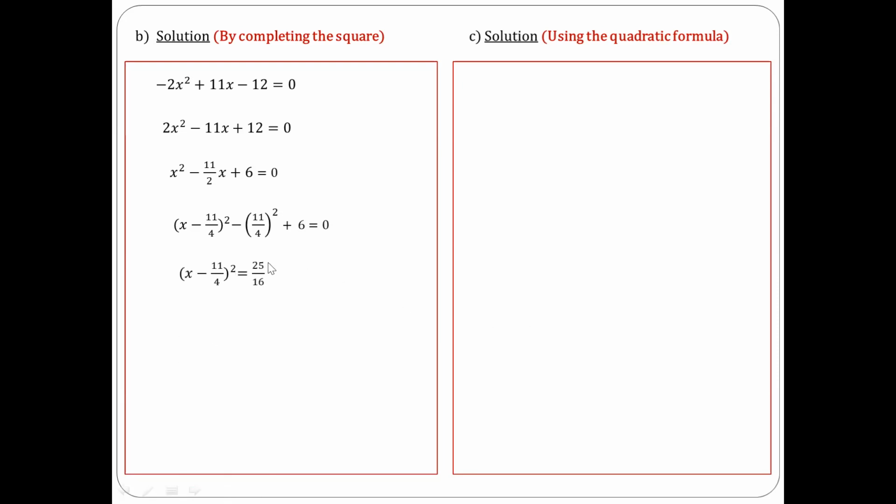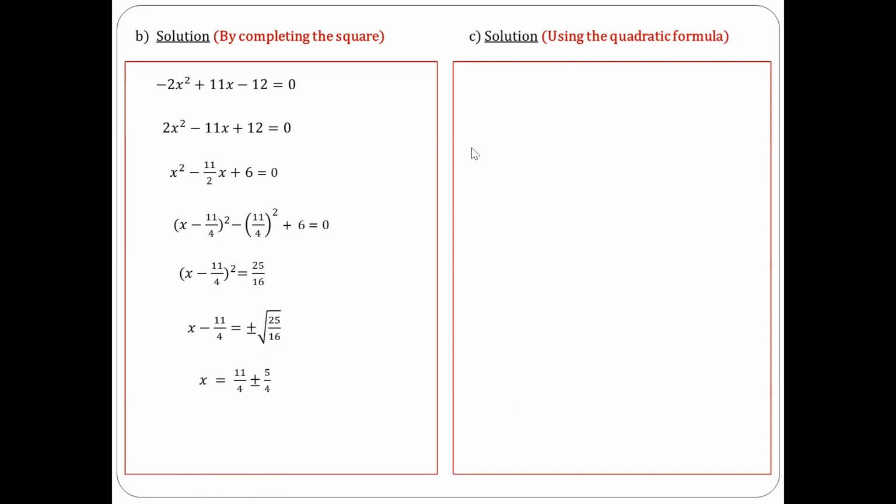And in the next step, we take all the constant terms to the other side and simplify them. We get 25 over 16. So x minus 11 over 4 squared is equal to 25 over 16. And then x minus 11 over 4 is equal to plus or minus the square root of 25 over 16.